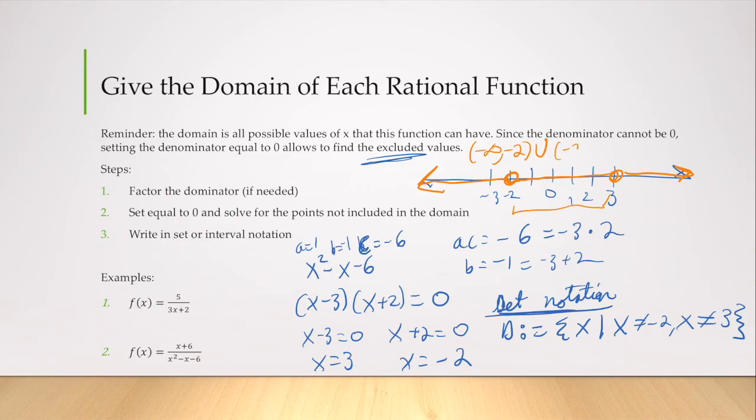Again, we use parentheses because our endpoints are not included. And we union that with 3 to +infinity, right? Because that's all the way over here. And infinity always gets a parenthesis. In the homework, it will tell you specifically whether to write it in set or interval notation. On an exam, I will ask you to do both once, so I know that you know how to do both ways of writing the domain.